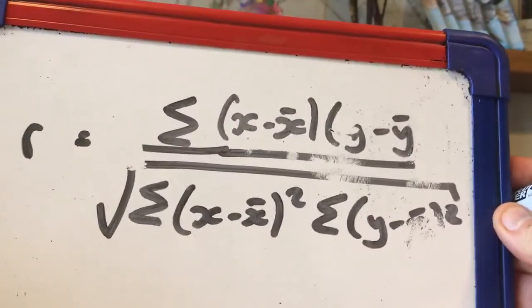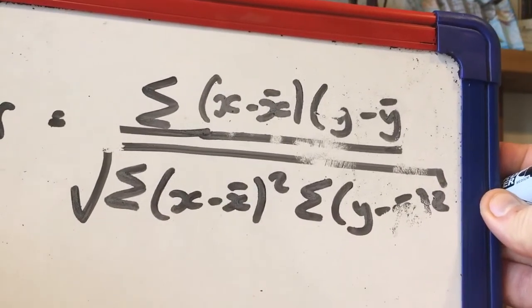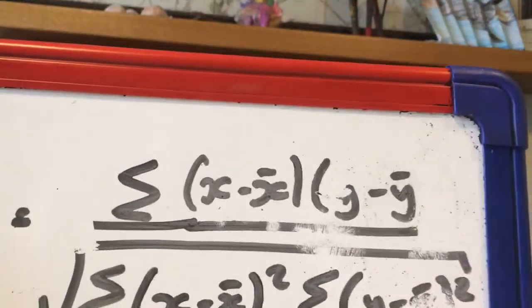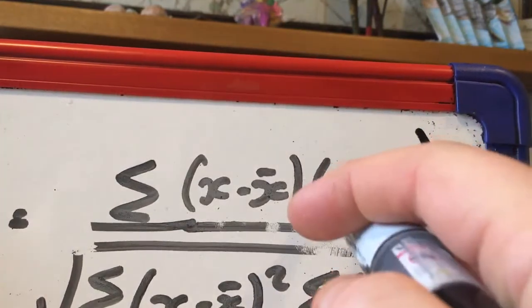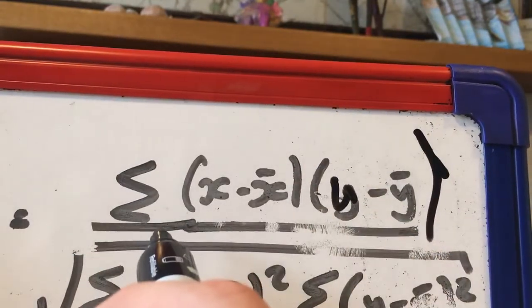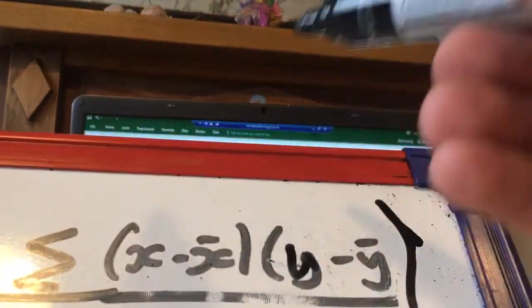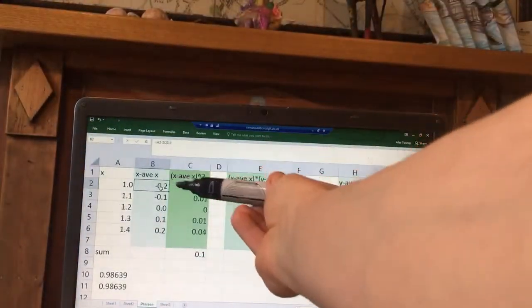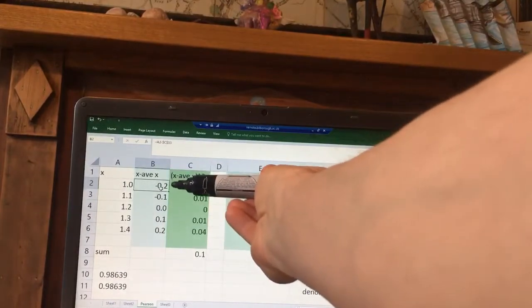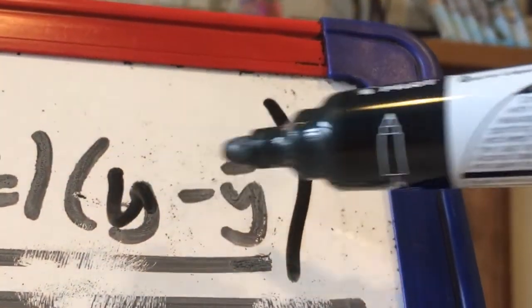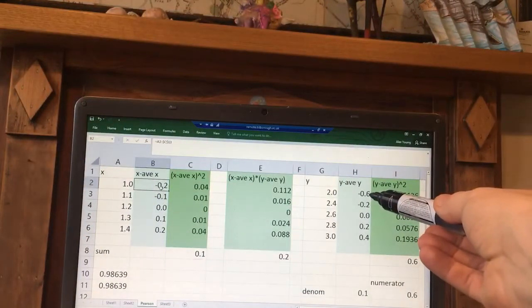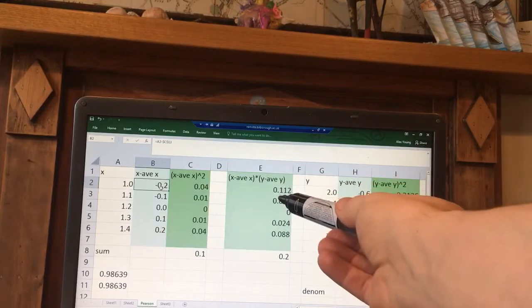The numerator on this, x minus the bar of x times y minus the bar of y, all added together. X minus the bar of x is that, minus 0.2, times by y minus the bar of y, minus 0.6, and that equals 0.112.